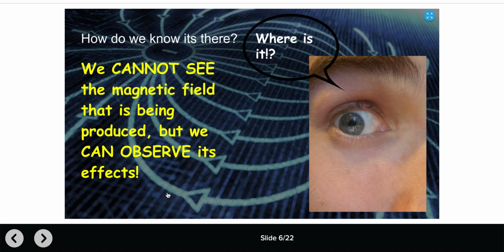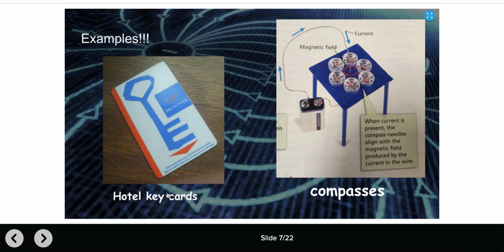Okay, so how do we know it's even there? Where is it? We can't see a magnetic field that is being produced, but we can observe its effects, which is really cool to see. So, for example, like I mentioned earlier, in this picture you have a 9-volt battery, you have a thin copper wire going around completing a circuit, and this wire is surrounded by compasses.